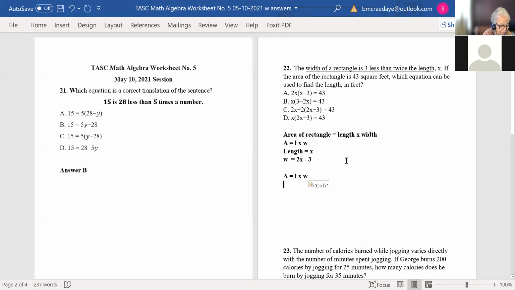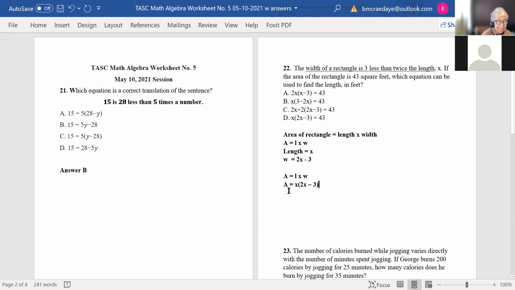So that means the area, tell me what the, right, Maureen. What's the length? Right here. X. Right, length is x. All right. What's the width? Right here. 2x minus 3.